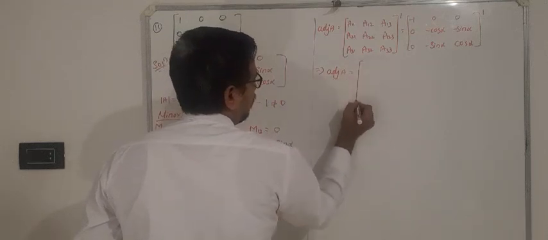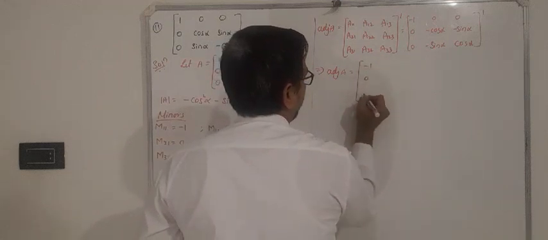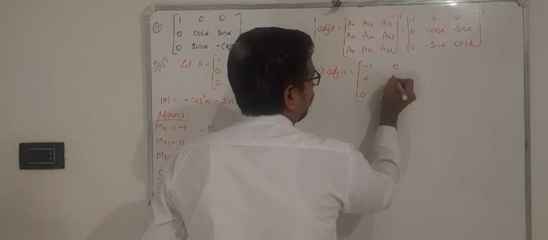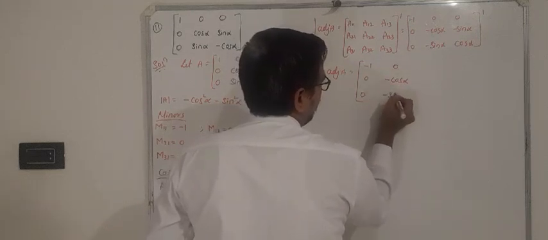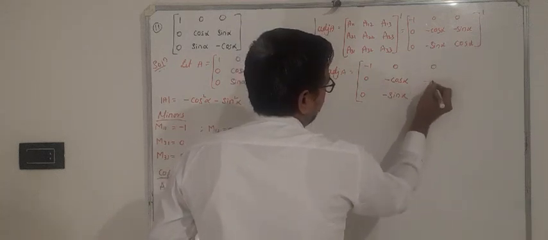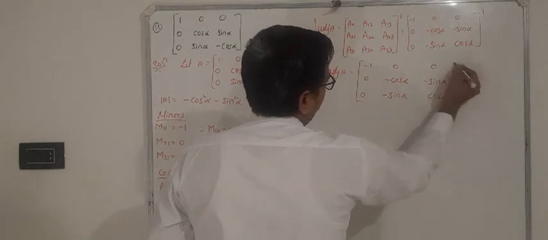Adjoint A will be equal to minus 1, 0, 0; then 0, minus cos alpha, minus sin alpha; then 0, minus sin alpha, cos alpha.